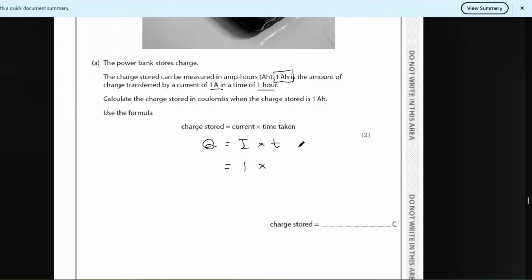We need to convert 1 hour into seconds, which is the SI unit of time. 1 hour has 3,600 seconds. That's why the total charge stored in this power bank would be 3,600 coulombs. And 3,600 coulombs is equal to 1 ampere hour.